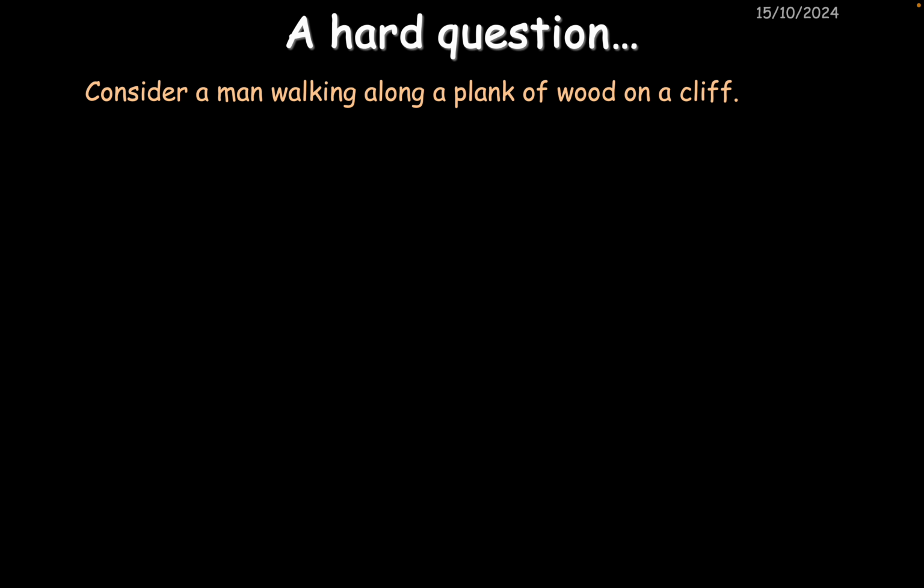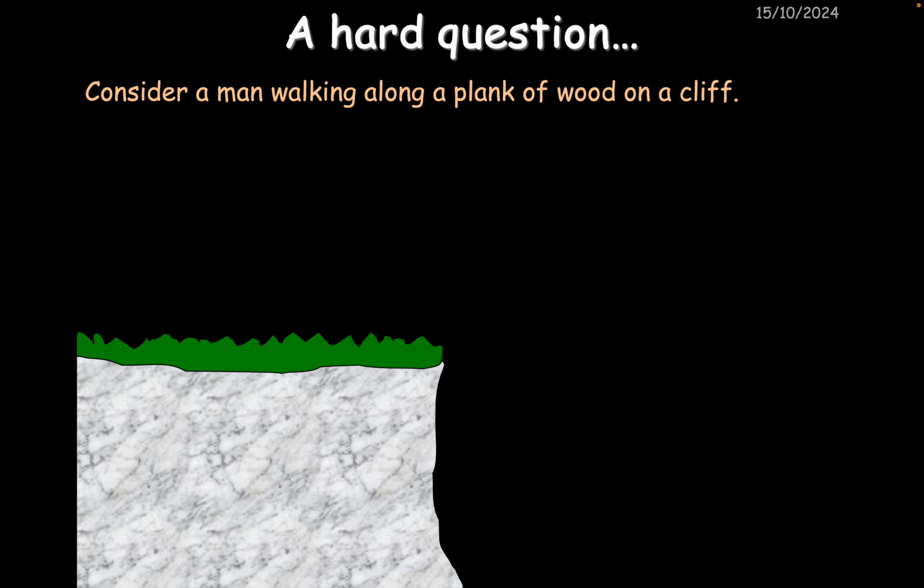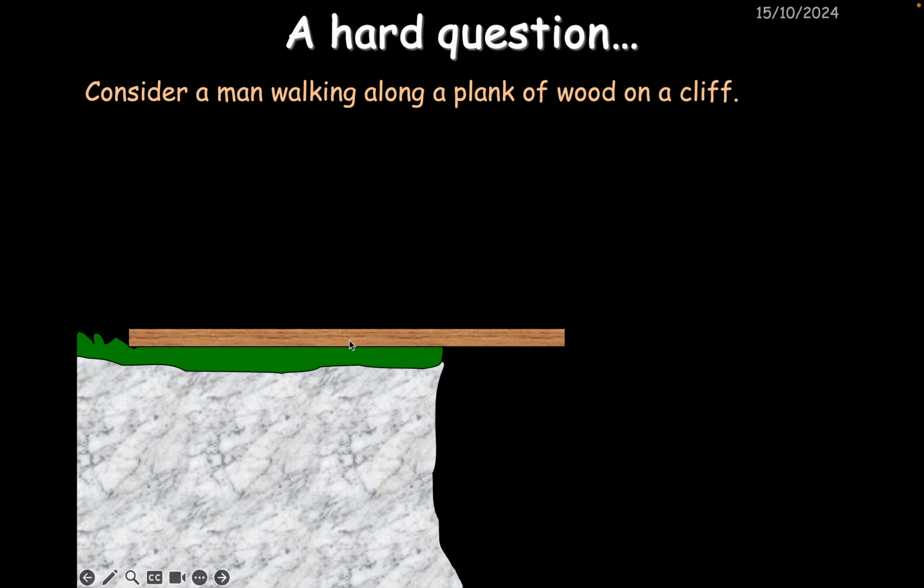So here would be a kind of question where a man is walking along a plank of wood which is hanging over a cliff. Okay, so here's the cliff, there's the plank of wood, and obviously the center of mass of this plank of wood will be right in the center if it's a uniform plank of wood. That means same thickness and same density throughout.